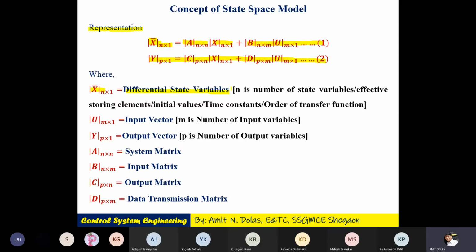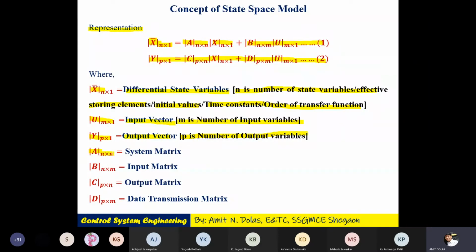What is the number of states? If I have an RLC circuit, that is 1 R, 1 L and 1 C, then there are two energy storing elements, that is L and C. So there will be two states in the system. We'll see later on. n is the number of state variables or energy storing elements, as I said now, or initial values or time constants, or it may be the order of the transfer function, where u is the input vector, where m is the number of input variables, where y in the above equation is the output vector, where p is the number of output variables.